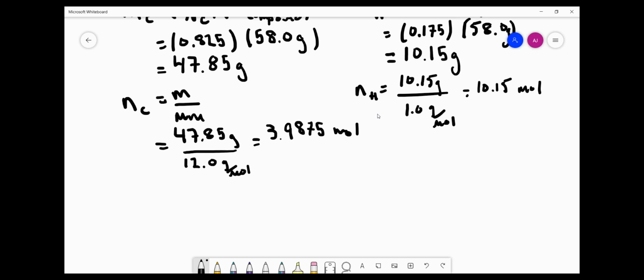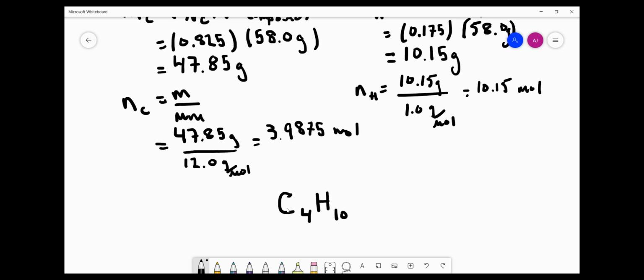So in 1 mole of this compound, there are 4 moles of carbon to 10 moles of hydrogen. So in 1 molecule of this compound, there will be 4 atoms of carbon to 10 atoms of hydrogen.